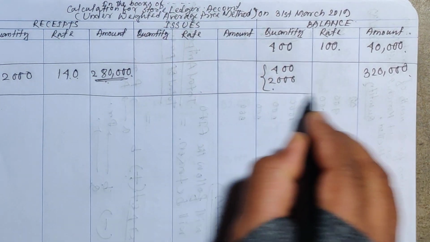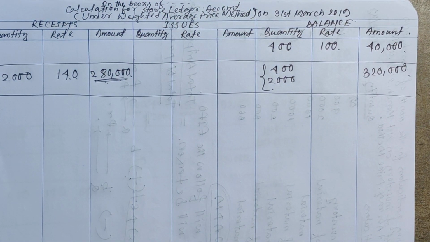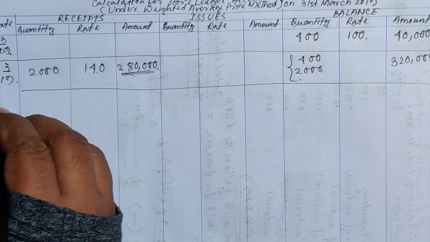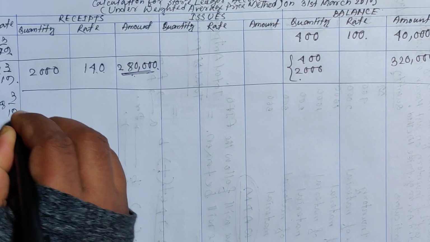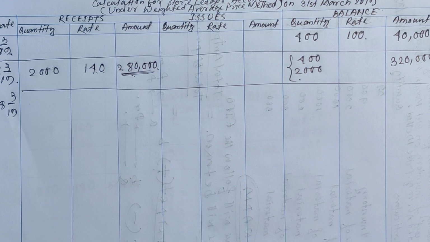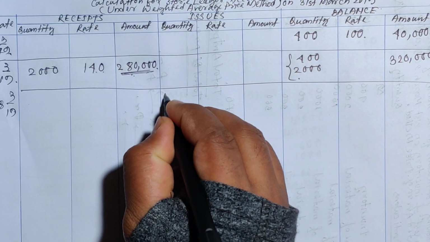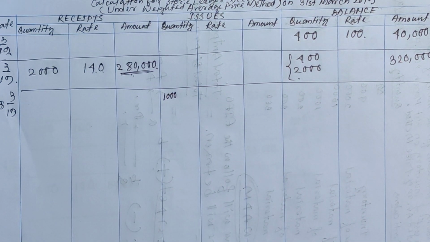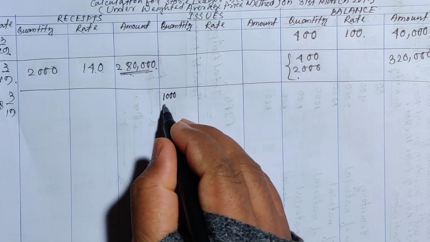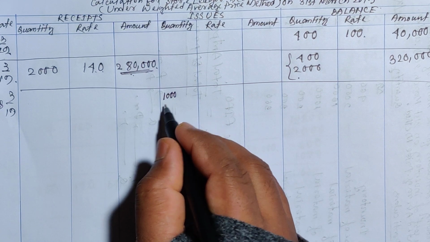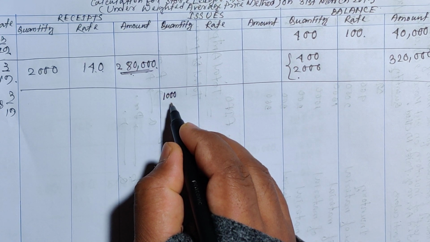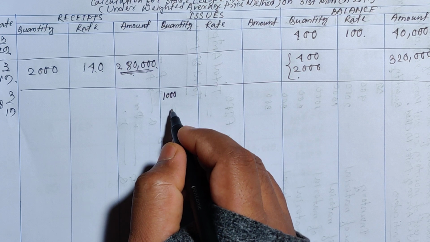Next entry is the issue of material, 1000 units on 8th March, 8/3/2019. So 1000 units I have to issue. During issue, it will first follow the FIFO method.